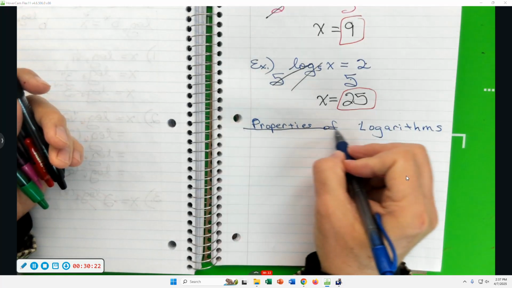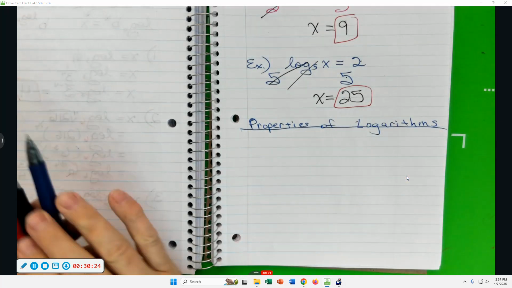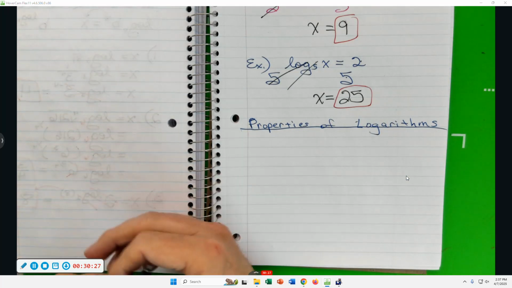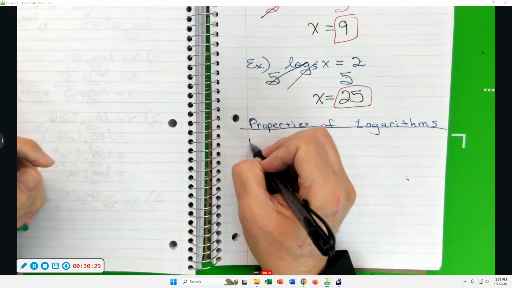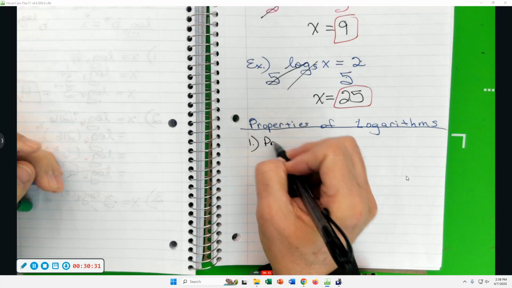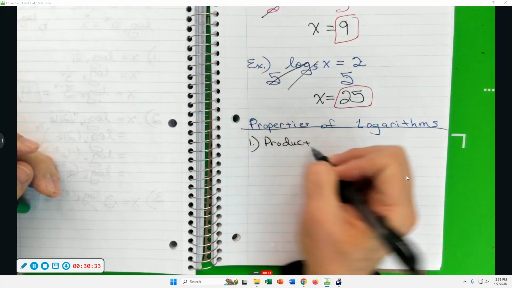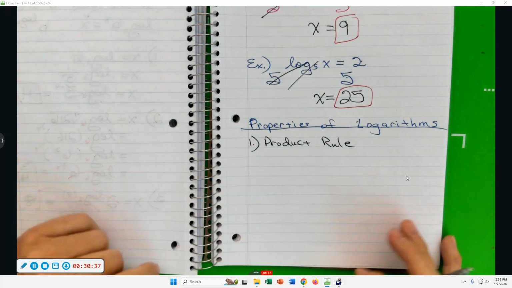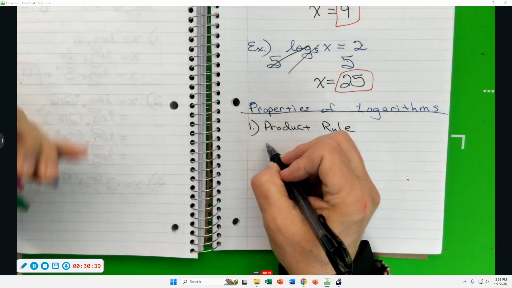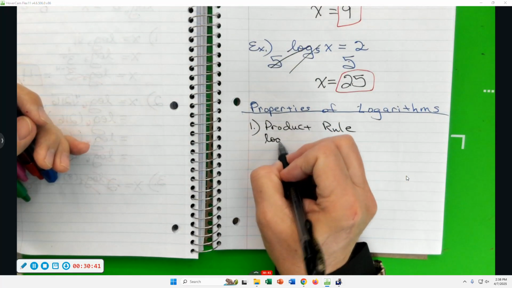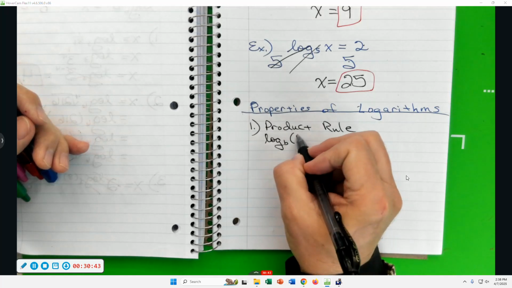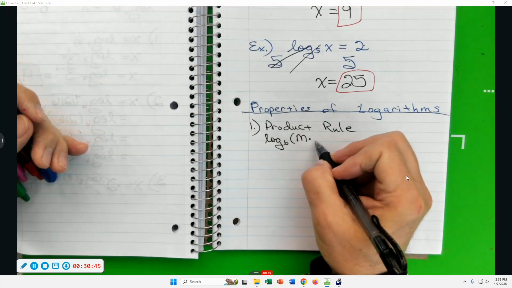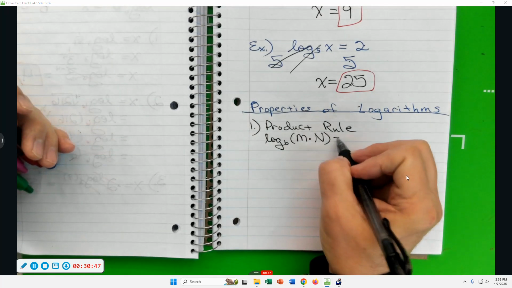Properties of logarithms. We have 3 properties here that have names to them. The first one is the product rule. The product rule of logarithms says if you have log base b of a product, m like money times n like Nancy.